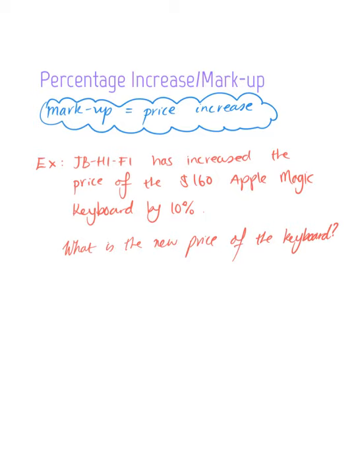So over here, JB Hi-Fi has increased the price of a $160 Apple Magic Keyboard by 10%. And the question is asking us to find the new price. I will solve this question using both methods 1 and 2. So for method 1, I need to start off with writing the percentage increase over 100.